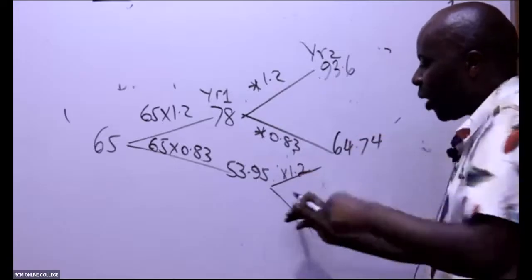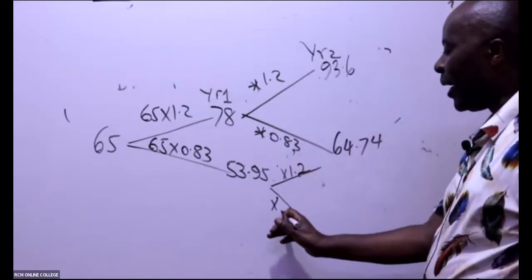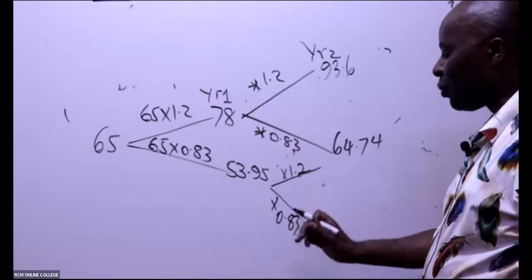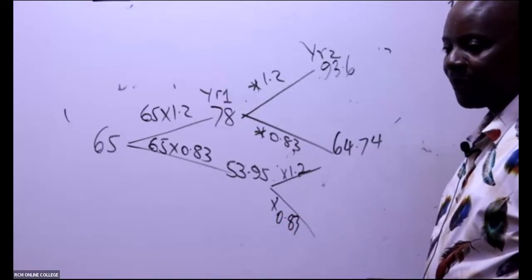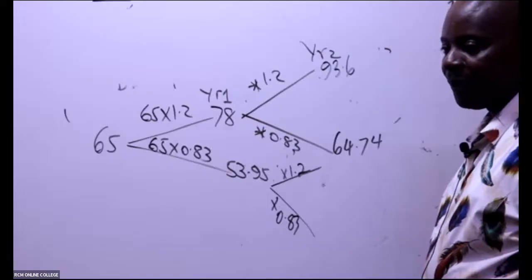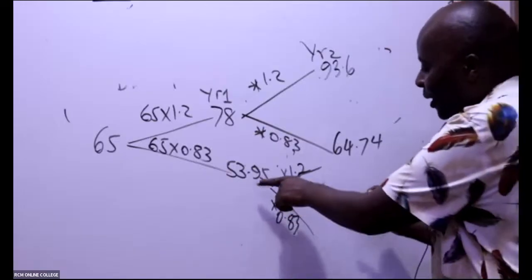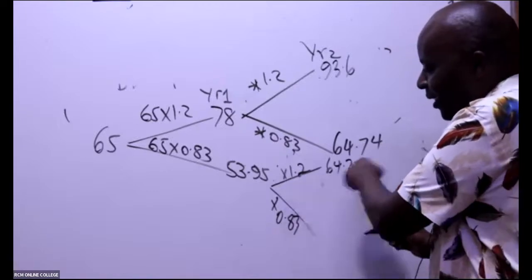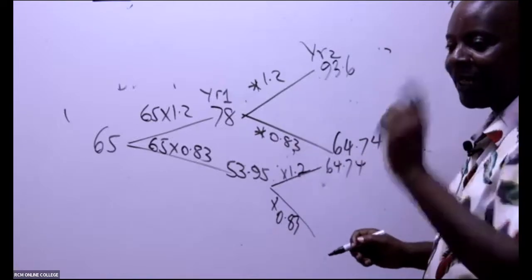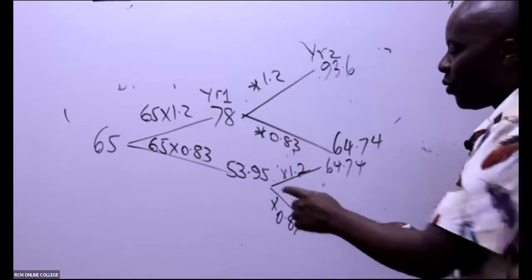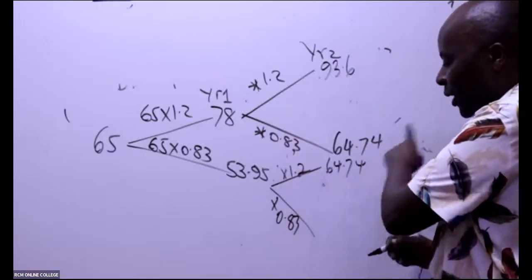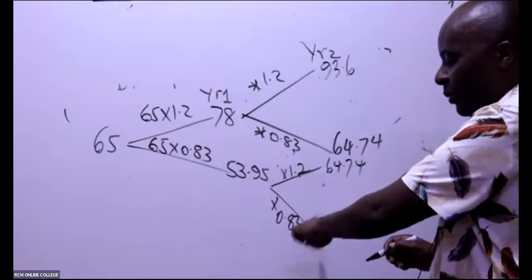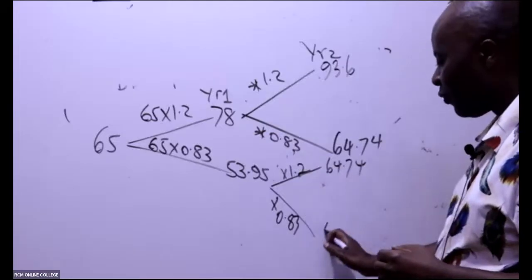And if it goes down, we multiply this figure by 0.83. The middle figure must always agree. If it doesn't agree, you're doing it wrongly. So 53.95 times 1.2 gives me that. 53.95 times 0.83 will give me 44 point what here.